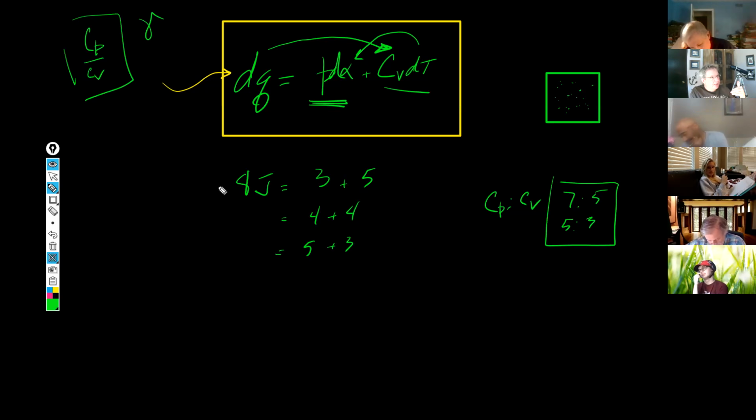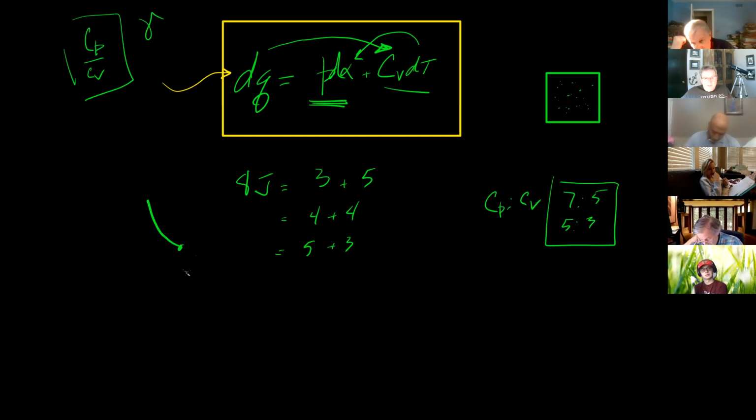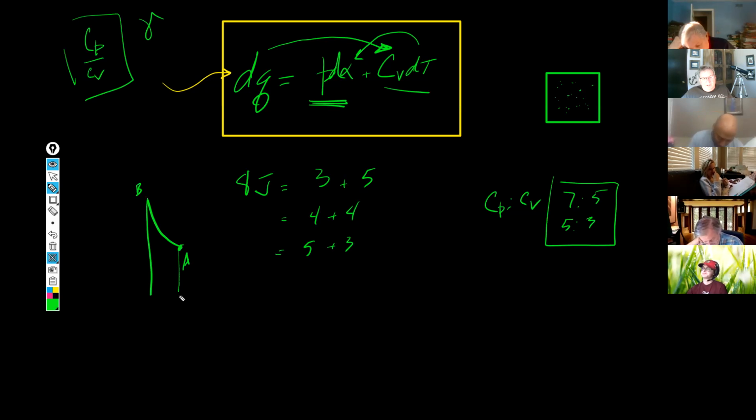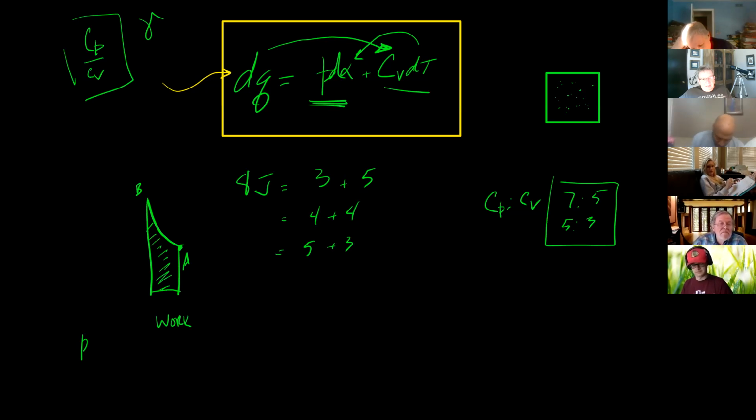That's what's going on, and so you're making that little path from A to B. The area underneath that curve is the work. We've talked about that, because the area underneath the curve is P dα. And what do I need to do? I need to integrate it.